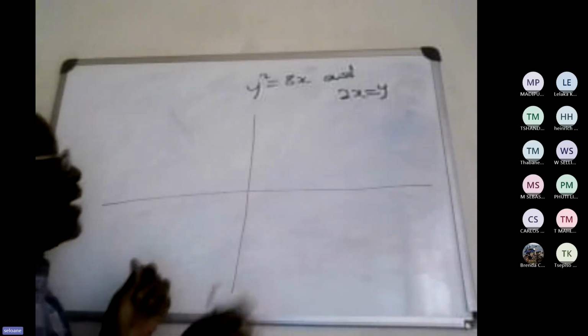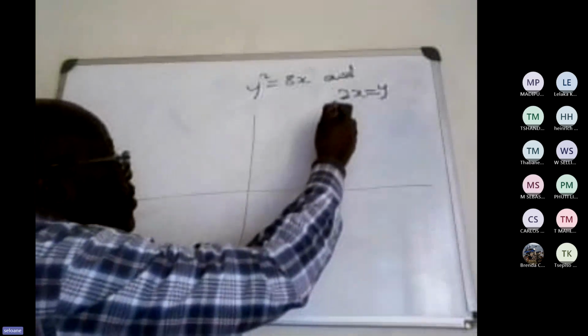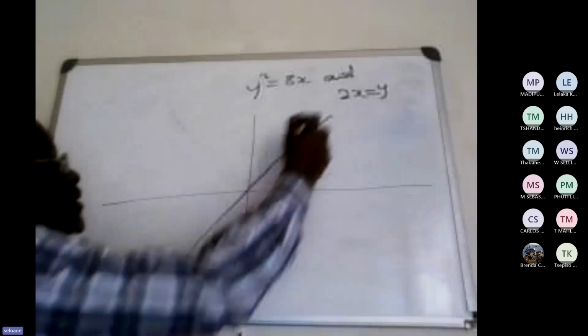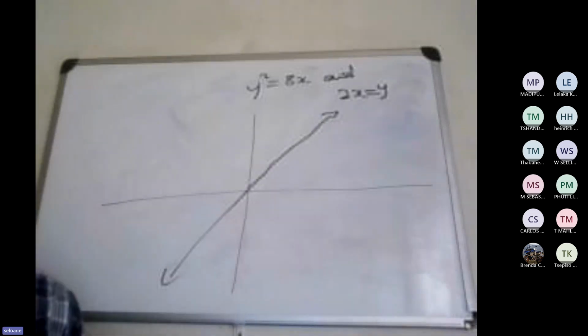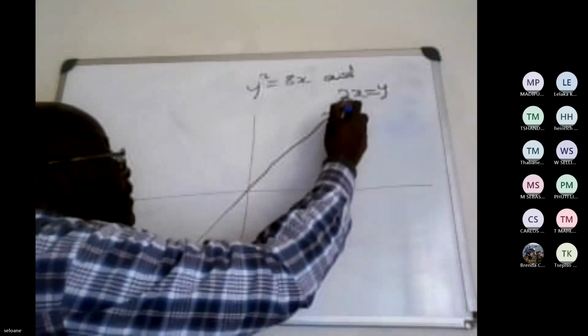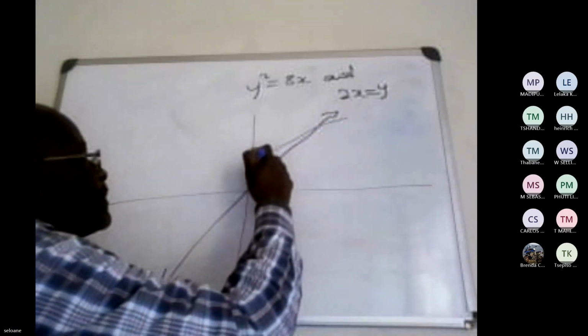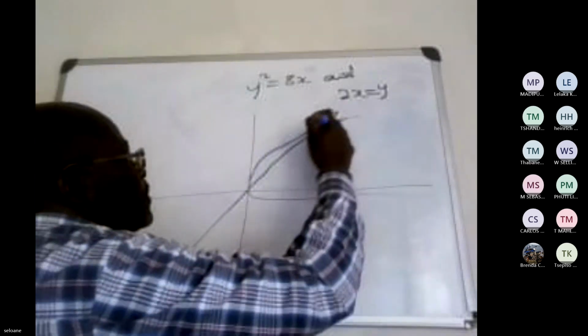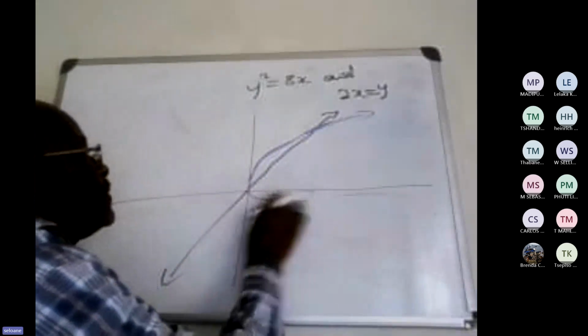And this is our y equal to 2x. It's good, more or less. And then from there, it will be that horizontal parabola. More or less it is.